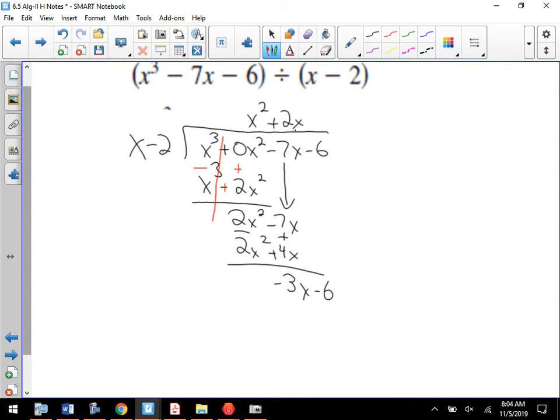Because I want to turn this value of x into the exact same thing here. Distribute through. And then -3 times -2 is what? +6. And then subtract. So this one goes away. This one becomes -12. All right. That just means it's my remainder.